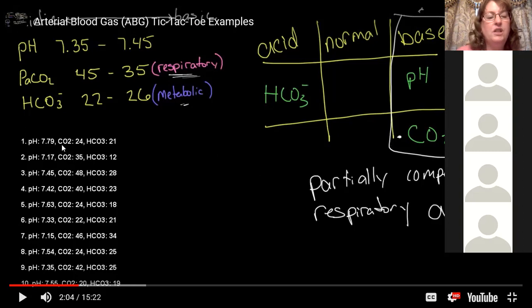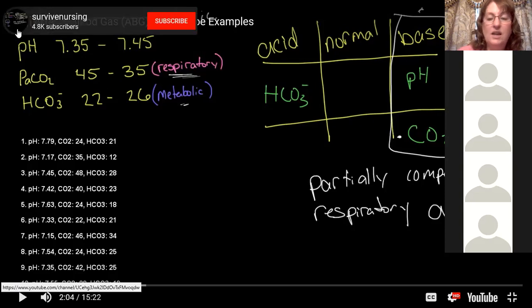Then you look at your CO2, and notice how he wrote his CO2. He wrote it backwards, 45 to 35. This is because you remember that thing I told you to write in the beginning, ROME: respiratory opposite, metabolic equal. So respiratory is opposite with the acid-base stuff. That's why if it's low, it's going to be basic, and if it's high, it's going to be acidic.